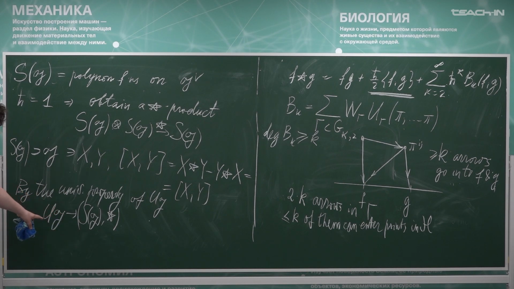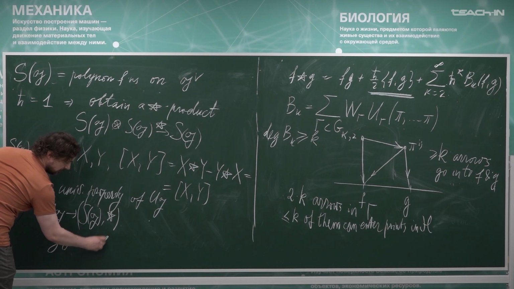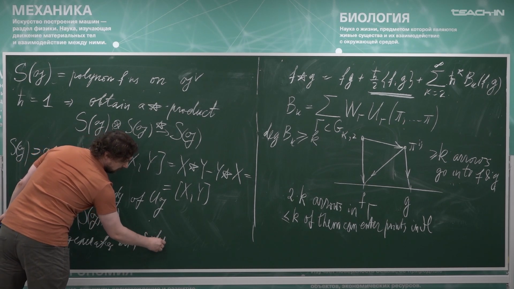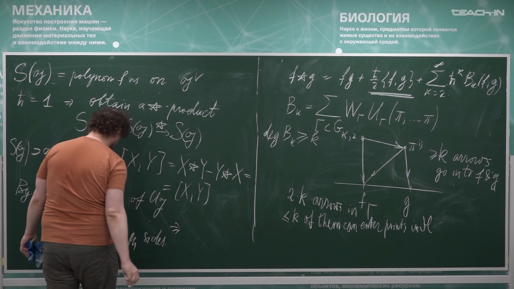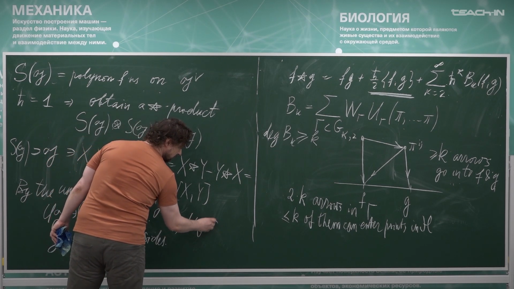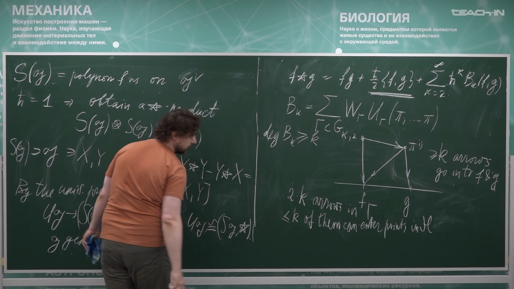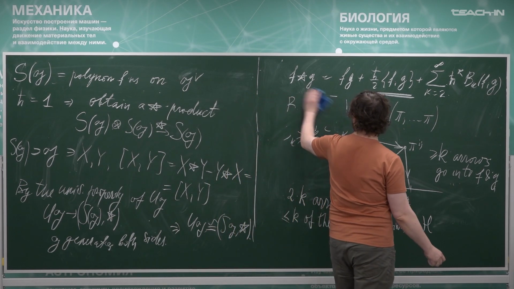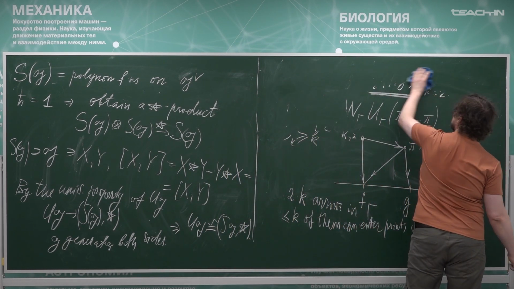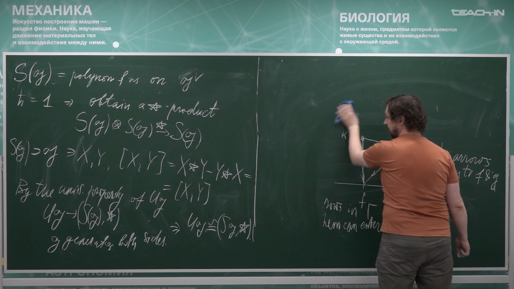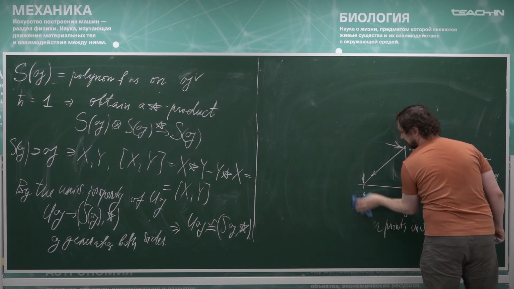Also, since G generates both sides, we can conclude that UG is in fact isomorphic to SG equipped with this star product. So this gives us, by the way, a new method of proving the Poincaré-Birkhoff-Witt theorem.